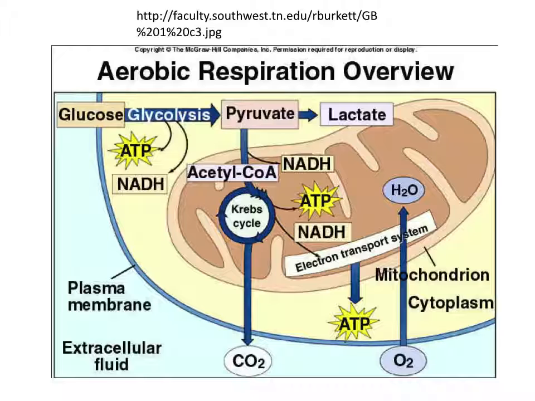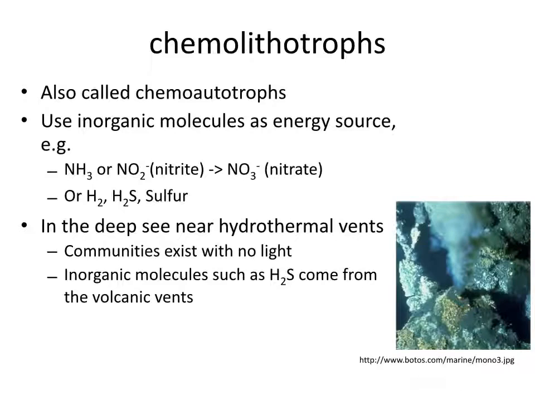So another classification is chemolithotrophs. These are also called chemoautotrophs, as I mentioned. These use inorganic molecules instead of light as an energy source. So they might use ammonia or nitrite or nitrate or hydrogen sulfide, or sulfur. So whenever you have these things in significant quantities to be able to use them as energy, it's usually some kind of extreme environment.